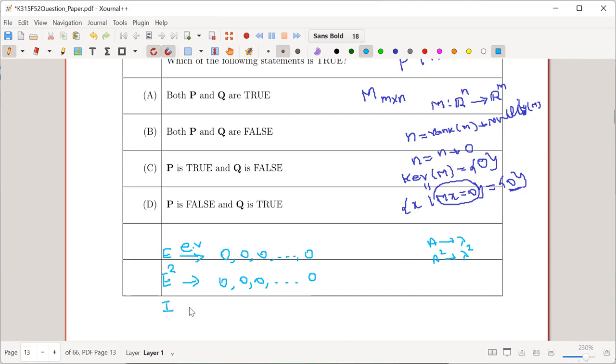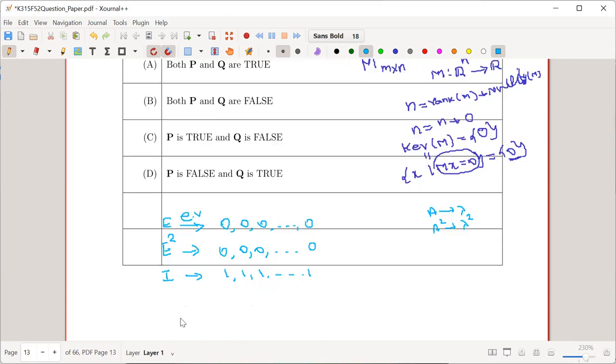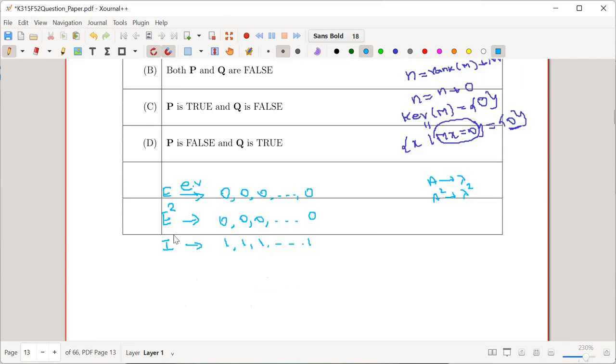And what are the eigenvalues of the identity matrix? The n by n identity matrix has eigenvalues 1, 1, 1. Since the identity matrix and E square commute, that is I into E square is equal to E square times identity, the eigenvalues of I plus E square are obtained by summing: 1 plus 0, that is 1, 1, 1, 1.